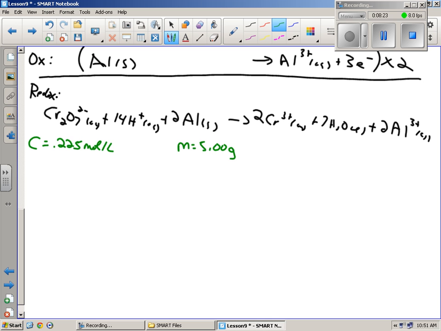Now, question. It doesn't say that here though. It says 0.225 molar potassium dichromate. Is this okay? Can I do this? Is that true? Or not? In Unit 3, Chem 20, if you take potassium dichromate and you put it into water, that is called what?